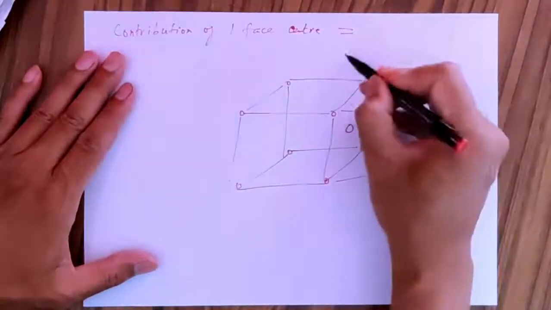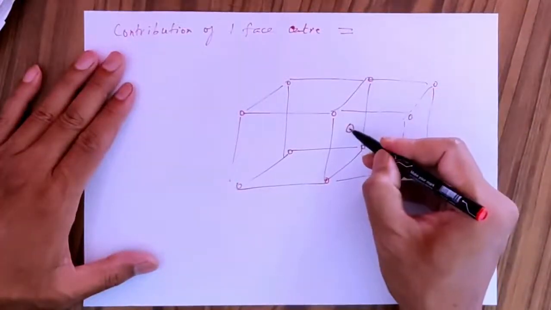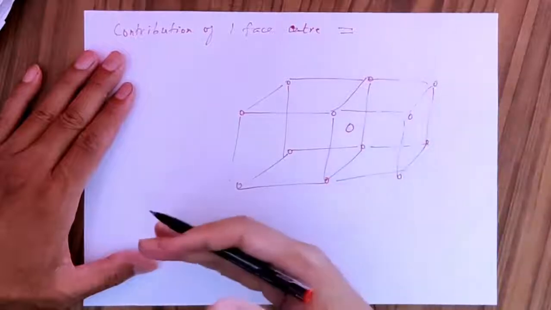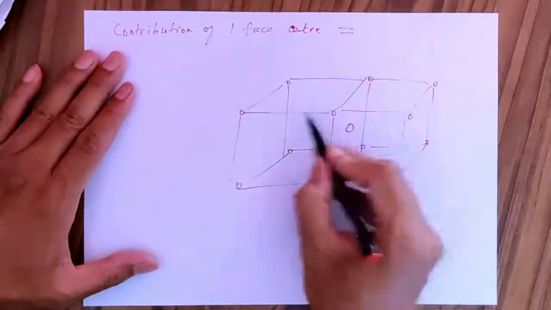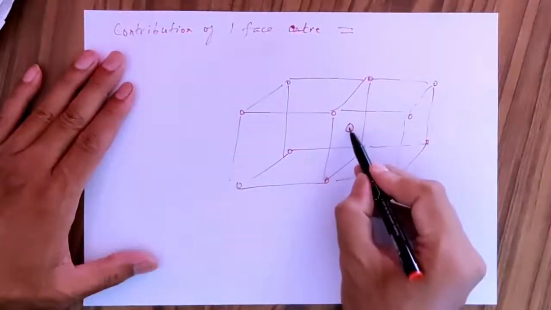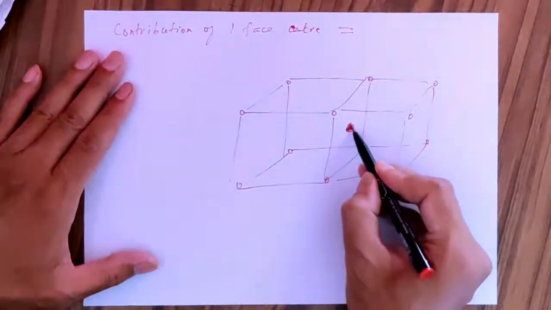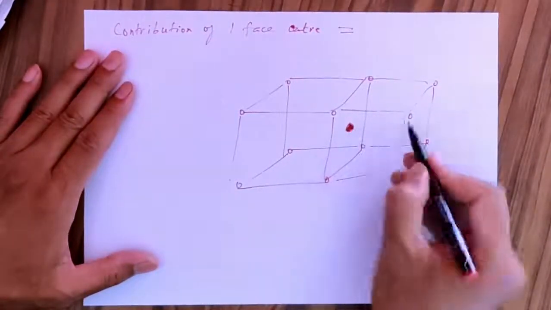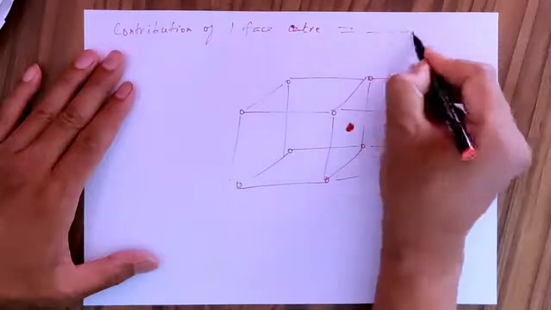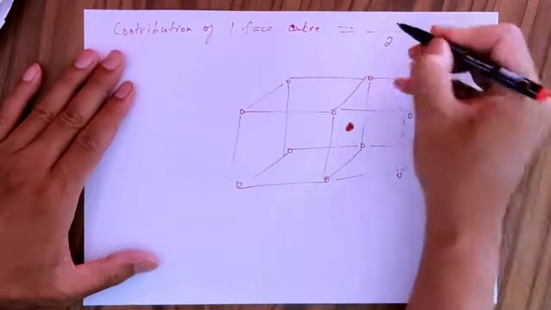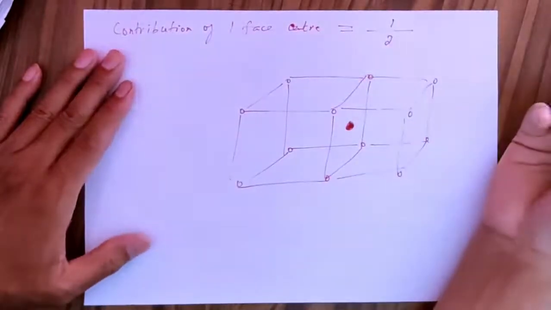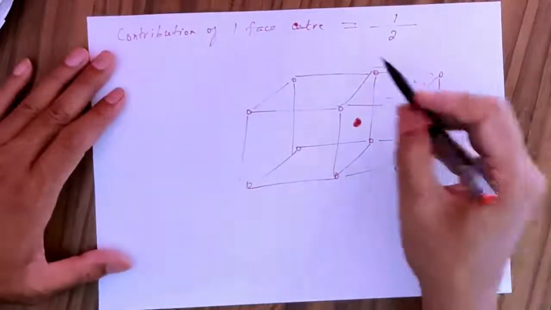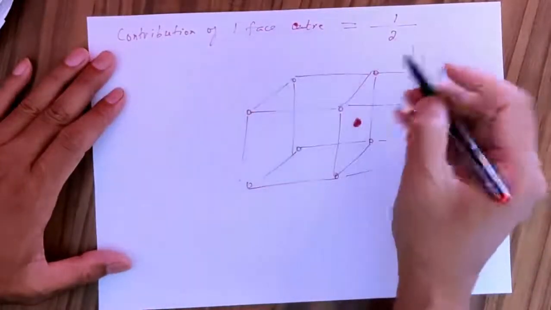Why is it so? A particular face center is shared by only 2 unit cells. So this is 1 by 2, the contribution of one face center.